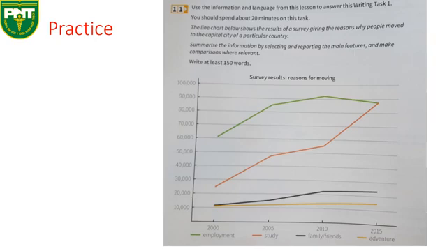Now you have 4 categories and over 15 years. Please give yourself 10 minutes to identify which information you will include in your description and another 10 minutes to write. Ready? Please pause the recording.